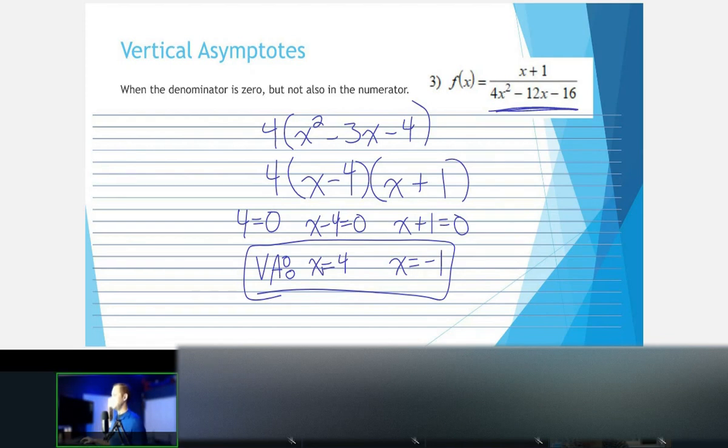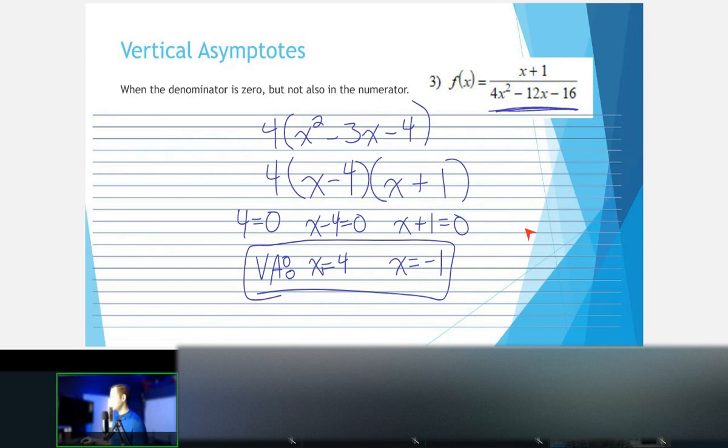So Noah says he graphed it. Right. I told you a couple slides ago that I could think of 3 different ways to solve this for equal to 0. One of the methods I was thinking of is graphing. If you took the denominator, which is 4x squared minus 12x minus 16, and graphed just the bottom part, wherever it crosses the x-axis, those are your zeros.